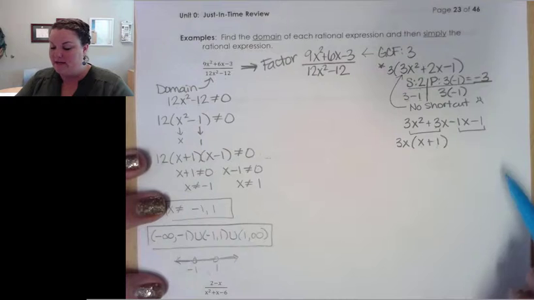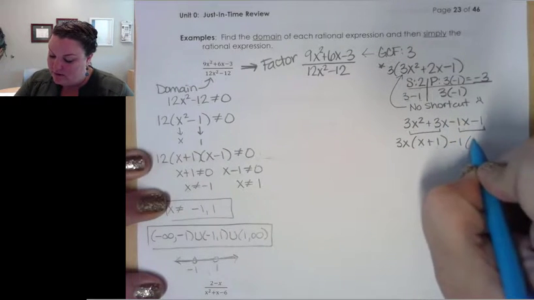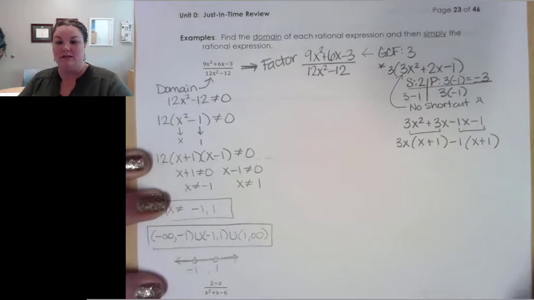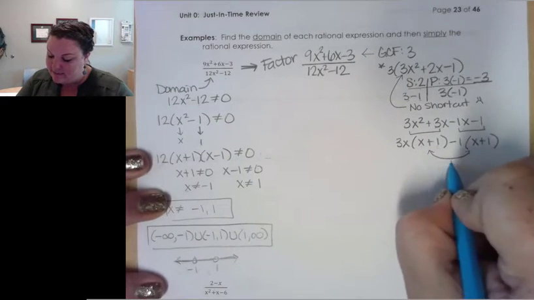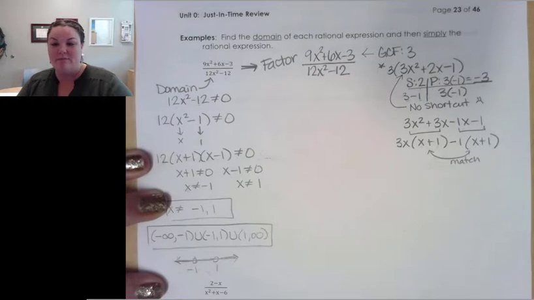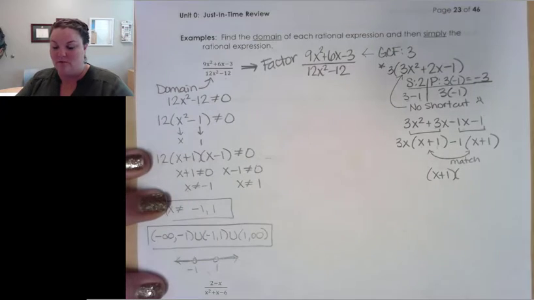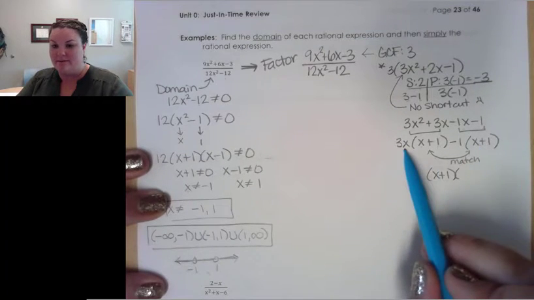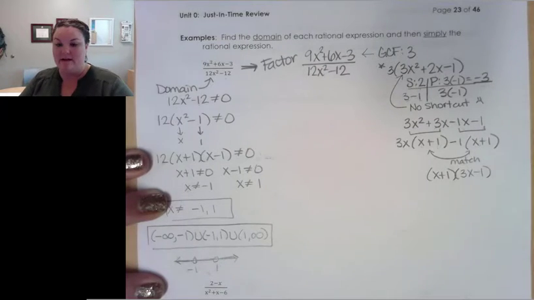And then out of the second pairing, I can factor out a -1, which leaves me with x plus 1. And then, just like we always like to see, these match. Our leftovers match. So now we can take that out as a common factor. Once we take that out as a common factor, I'm left with 3x minus 1 as my remaining factor.